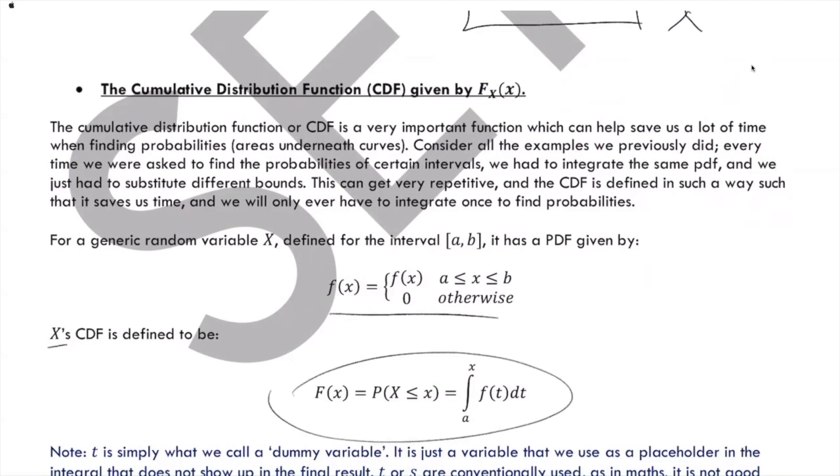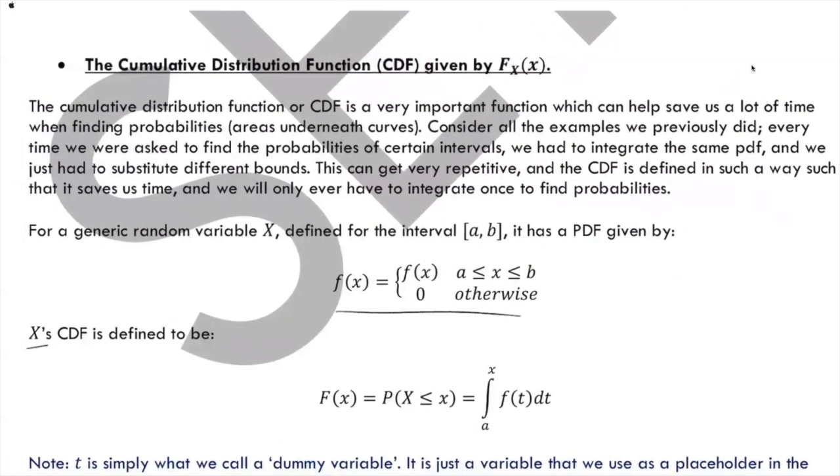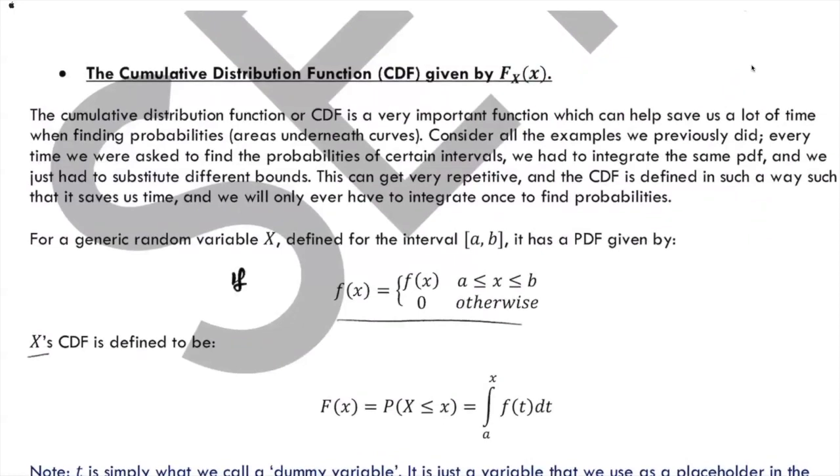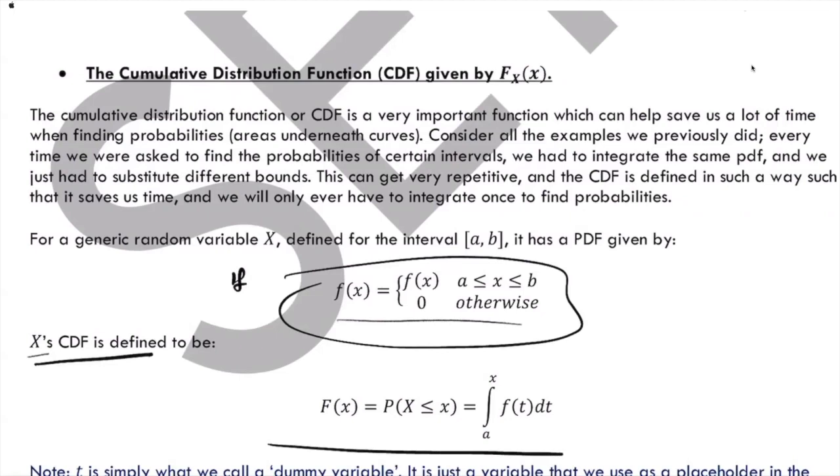Let's talk about what this means. Just write this in. Just say if f of x is given by that, then CDF is given by this. Just so that we have it done.